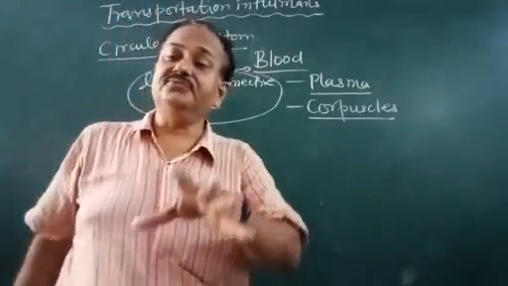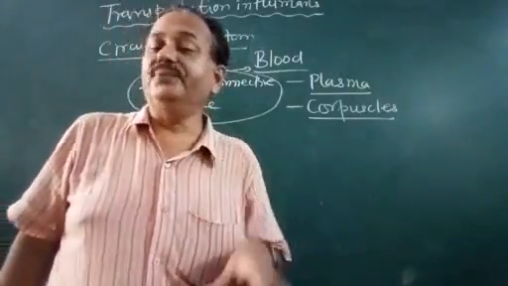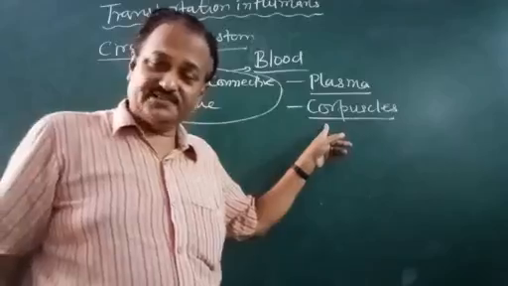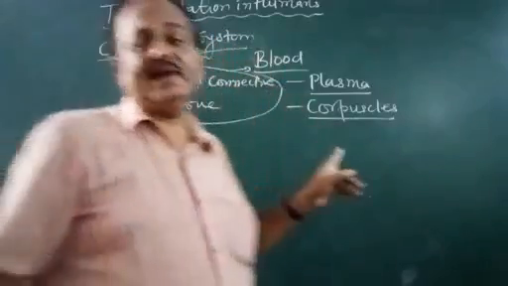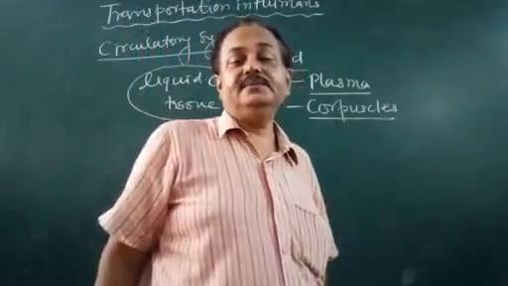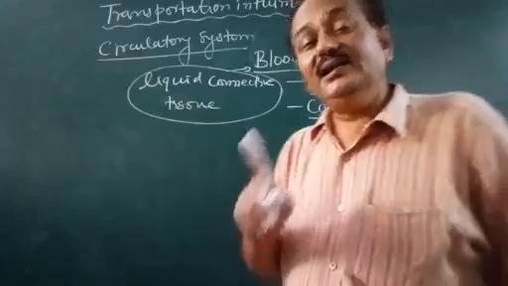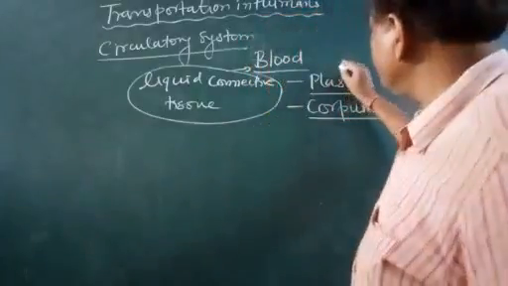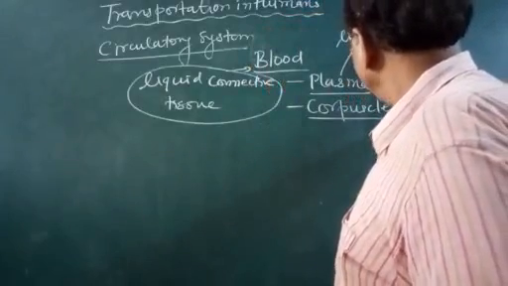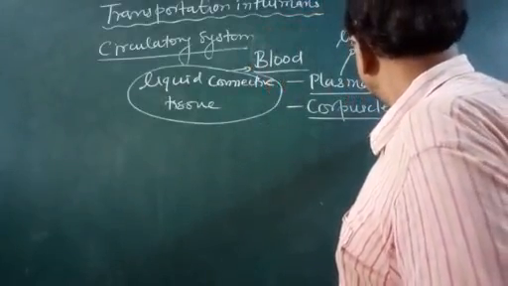Blood is made up of different components, different cells which are called corpuscles. Now the plasma is a liquid, and plasma is light yellow colored.